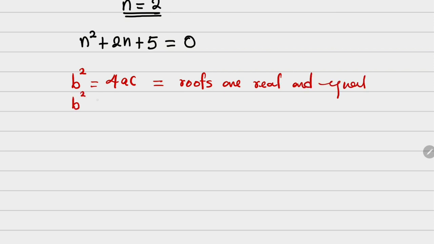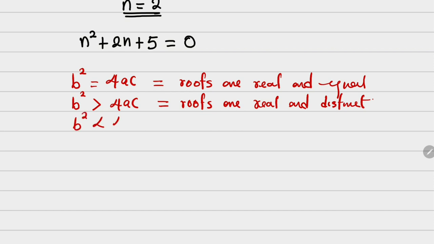Now, if b squared is greater than 4ac, then the roots are real and distinct, okay? But again, if b squared is less than 4ac, then the roots are imaginary, okay, or do not exist in the real plane.